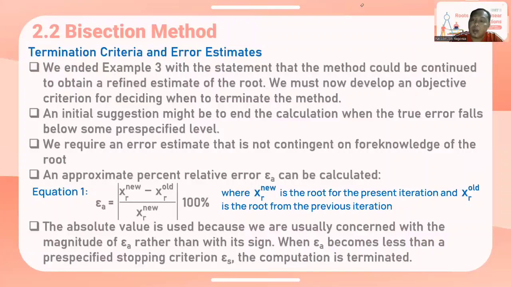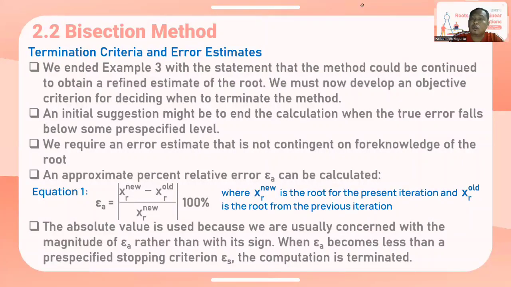Under the bisection method, we shall also get the termination criteria and the error estimates. We ended example 3 with the statement that the method could be continued to obtain a refined estimate of the root. We must now develop an objective criterion for deciding when to terminate the method.